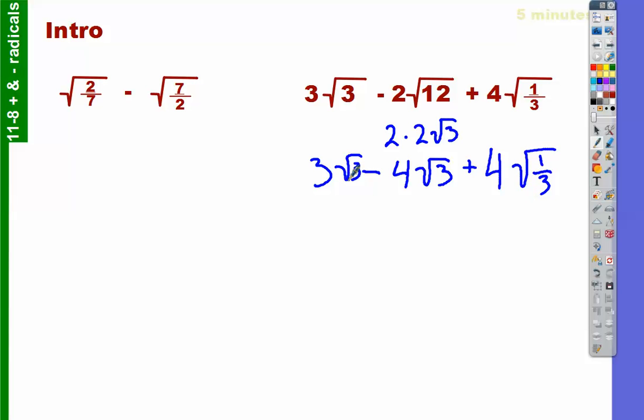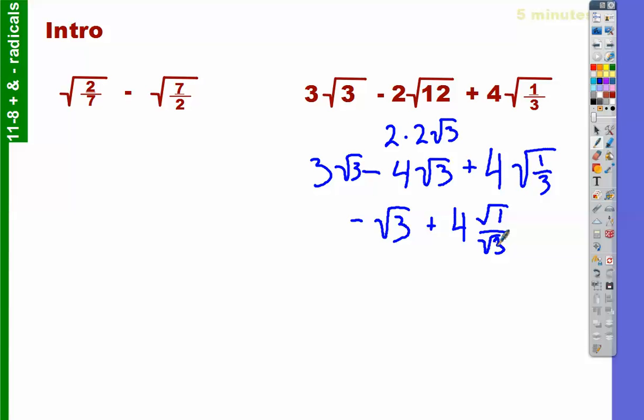So can I combine these two terms? Yeah, because the square root's the same. 3 root 3 minus 4 root 3 is negative 1 times the square root of 3, so I don't have to write the 1. And I still have the plus 4 times the square root of 1 over 3.